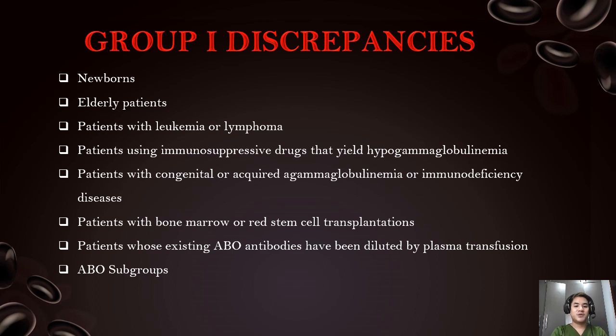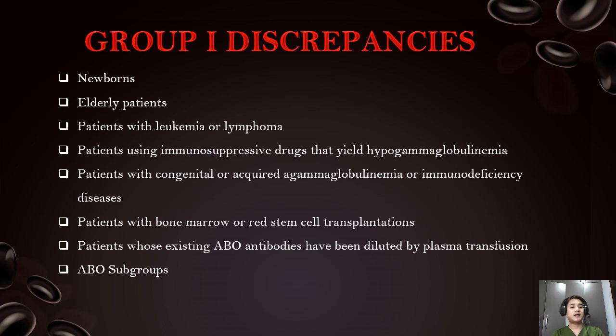So when the patient is under recovery from a bone or stem cell transplantation, they will likely demonstrate a weak or negative agglutination reaction in the reverse grouping, since their body will keep adapting to the transplanted bone marrow and stem cells.